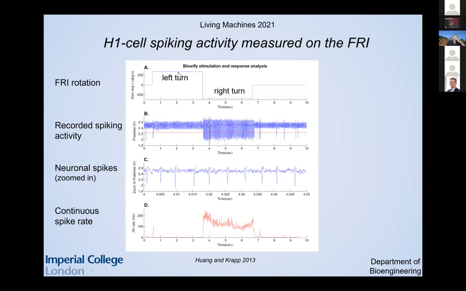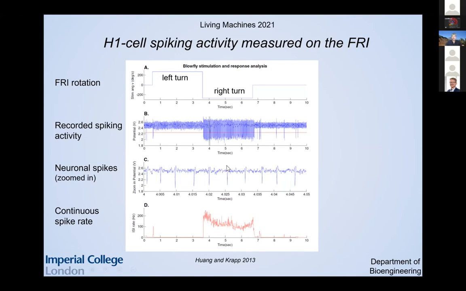So in the first plot here, you can see just the time interval during which the fly robot interface is turning to the left, which completely inhibits the activity in the neuron we are recording from. And then it turns to the right, which gives rise to massive excitation in the neuron.